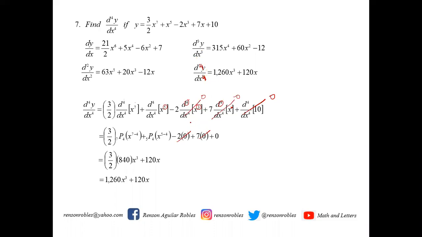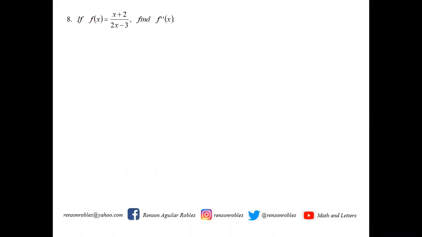Okay. Next, say f of x equals x plus 2 all over 2x minus 3, and we wish to find the second derivative. Since we have here a function of the form ax plus b all over cx plus d, we might use this special formula, that's ad minus bc all over cx plus d squared.